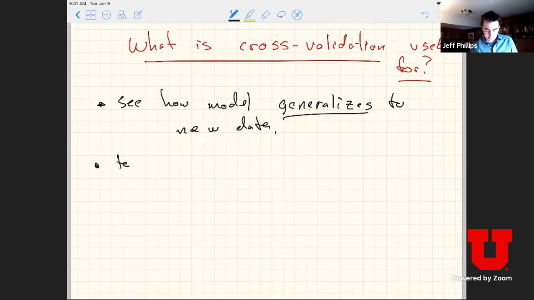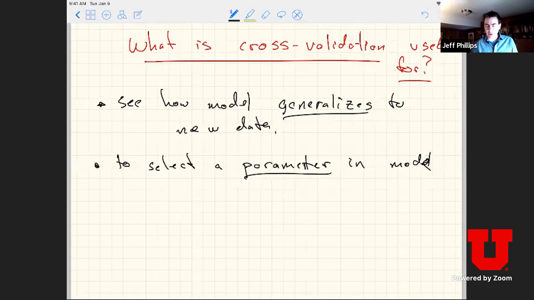The second use is to select a parameter in the model, and the example is P.